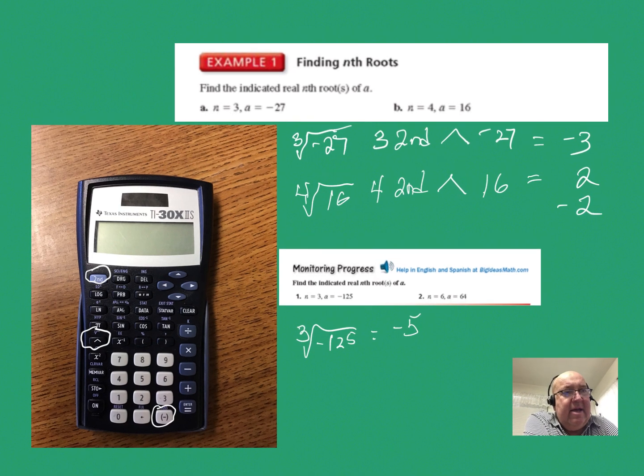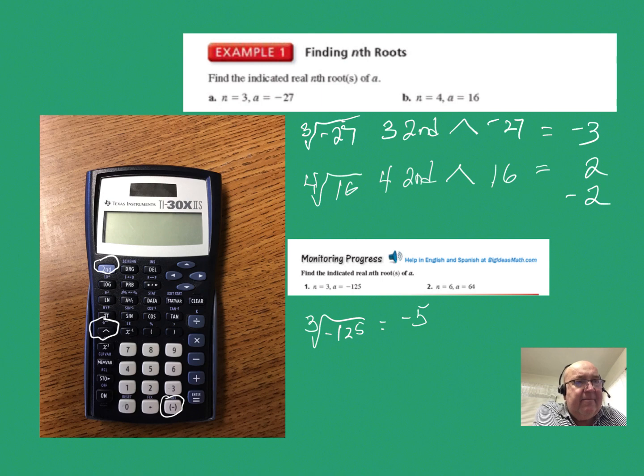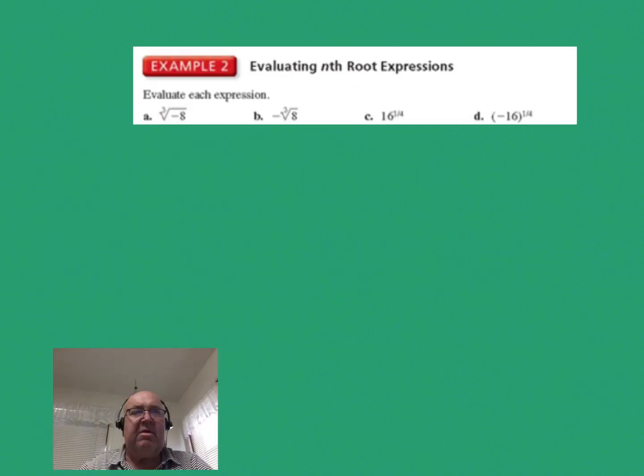And finally, we're looking for the sixth root of 64. That is equal to 2, and because it's even, it's also equal to negative 2. You can use the symbolism plus or minus 2 on any even root and just abbreviate that.